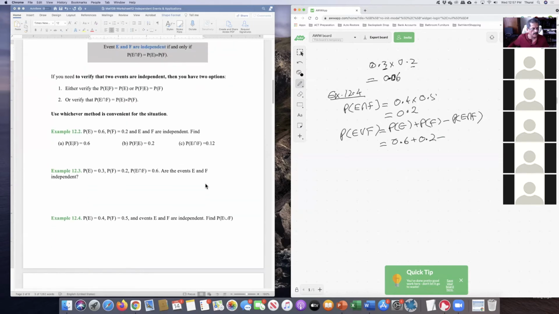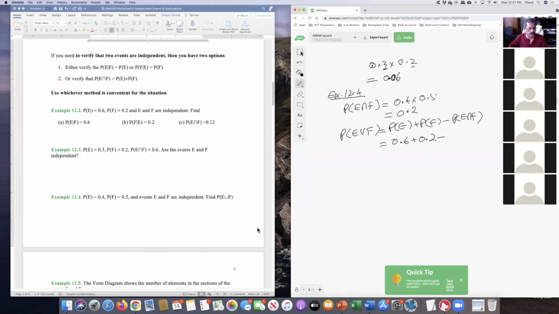E is 0.4, F is 0.5, 0.4 plus 0.5 minus the intersection 0.2, and so 0.7. So I had to use the union rule to find the union, E union F.